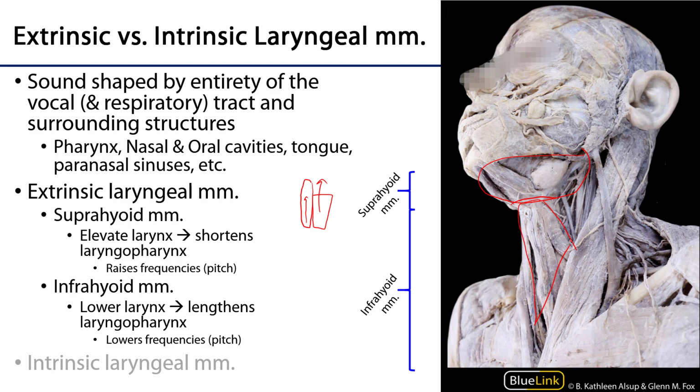When they lower the larynx, and they usually do so by depressing the hyoid bone, although there are several infrahyoid muscles that can elevate the larynx by pulling the thyroid cartilage superiorly, but as a whole, infrahyoid muscles, by depressing the hyoid bone, they lengthen the laryngopharynx, because by depressing the hyoid bone, that puts a little less tension on the larynx, and it allows it to drop a little, and by dropping that a little, it overall increases the length of the laryngopharynx, which thereby lowers the sound frequency within that, or lowers pitch.